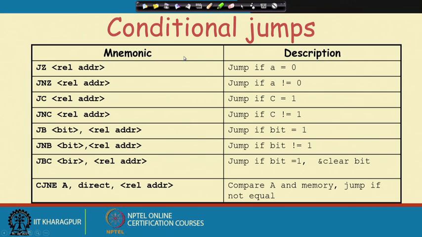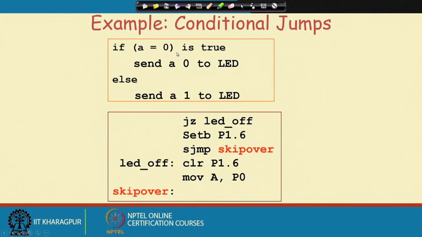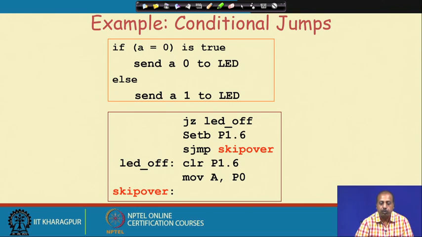This is one conditional jump example. Like in the high level, suppose we are writing: if A equal to 0 is true, then send a 0 to LED, that is, the LED will be turned off, and otherwise we want to send 1 to LED, so the LED will be turned on. Here A means the accumulator register. So, JZ LED off: you jump on 0 to LED off.